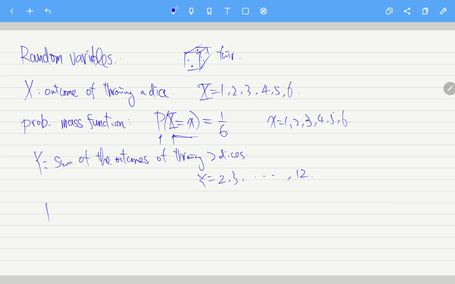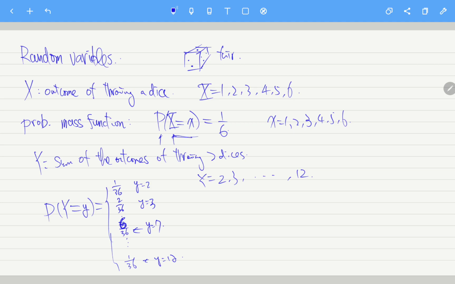So the probability of y equals small y will be like 1/36, 2/36, up to 6/36 at y equals 7, and then going back down to 1/36 at y equals 12.